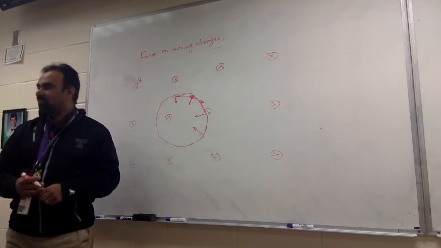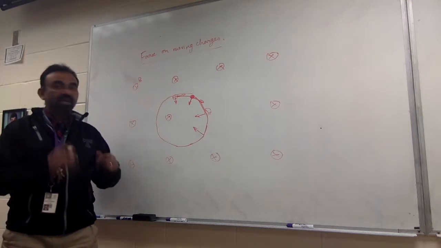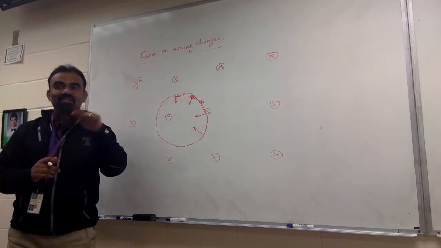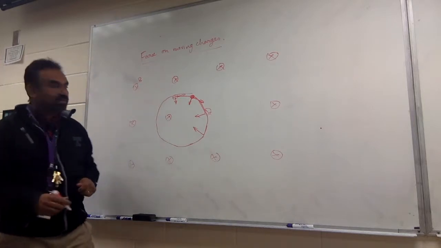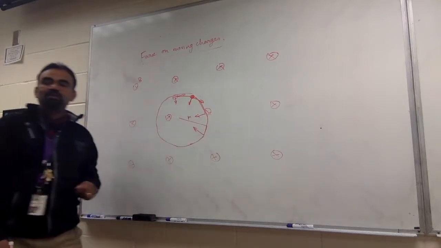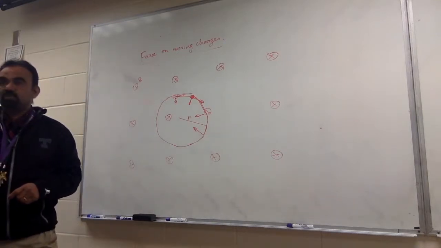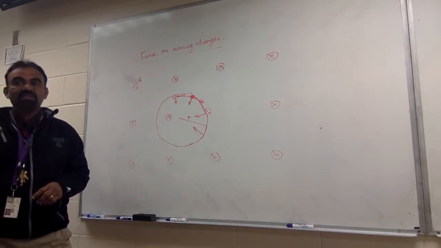Centripetal force. That's a centripetal force. So the magnetic force is the centripetal force which takes it round and round through a radius r, providing the necessary centripetal force for it to go on.